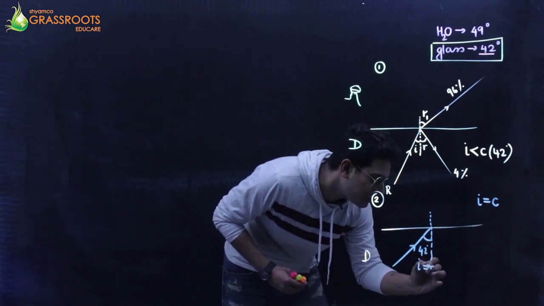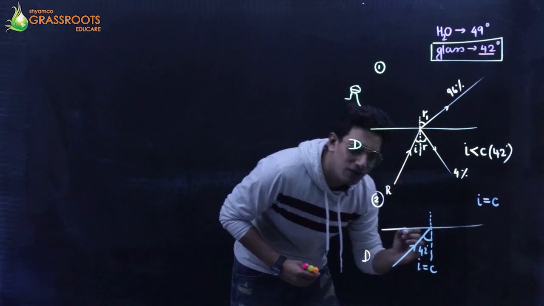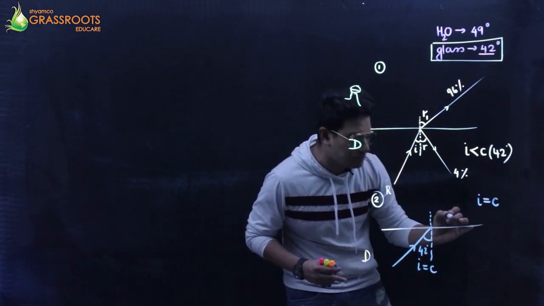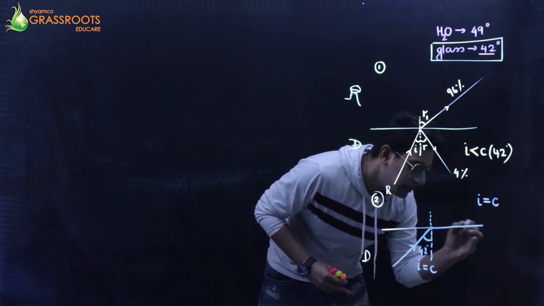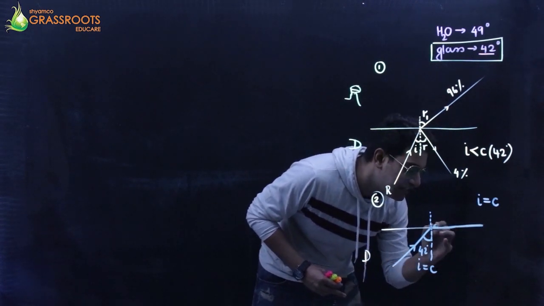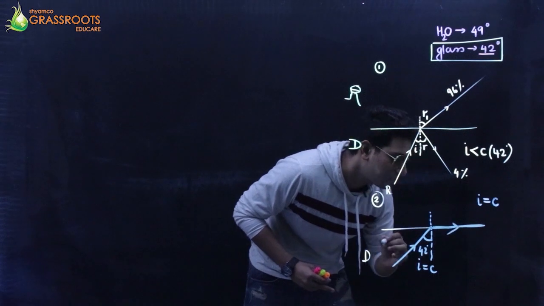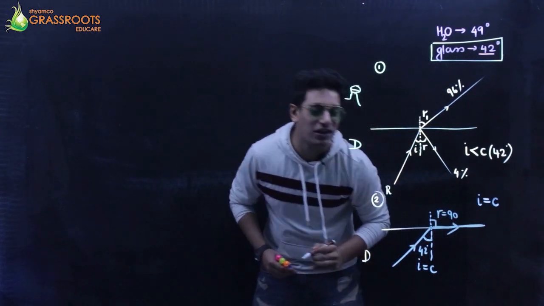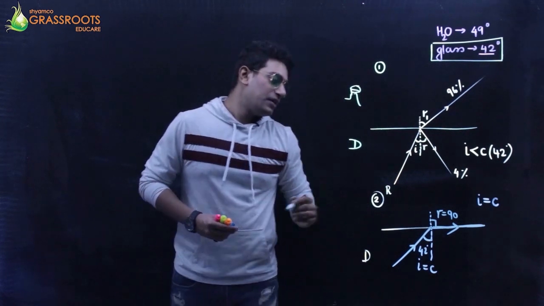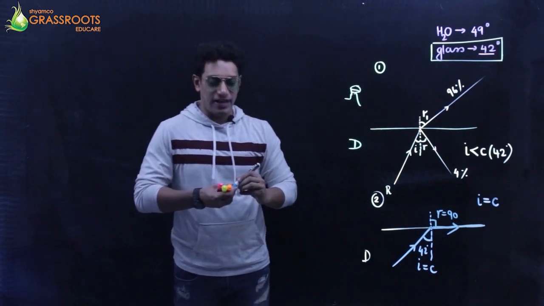That is, I is equal to C. What happens? The ray of light scrapes through the surface. That means it goes this way. It overlaps the surface and leaves the surface. And the corresponding angle of refraction is 90 degrees. This is the condition for the critical angle.